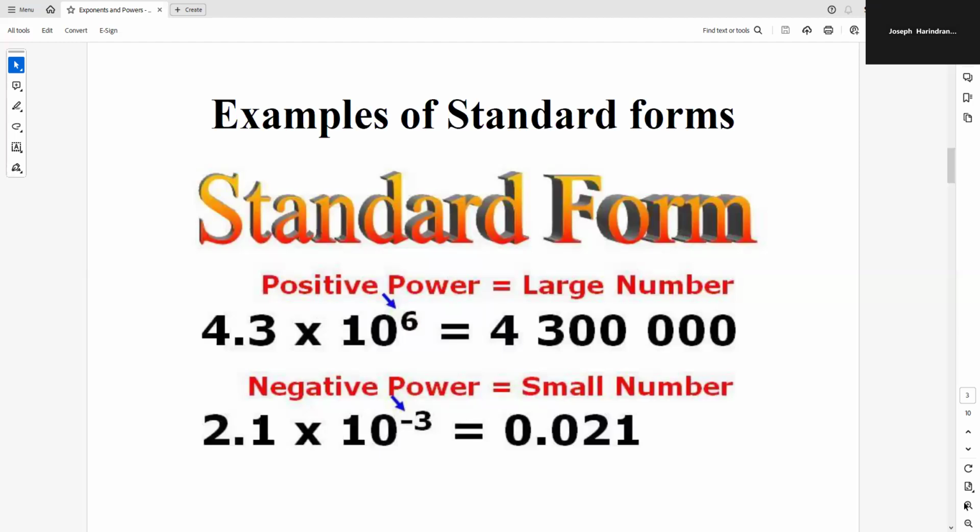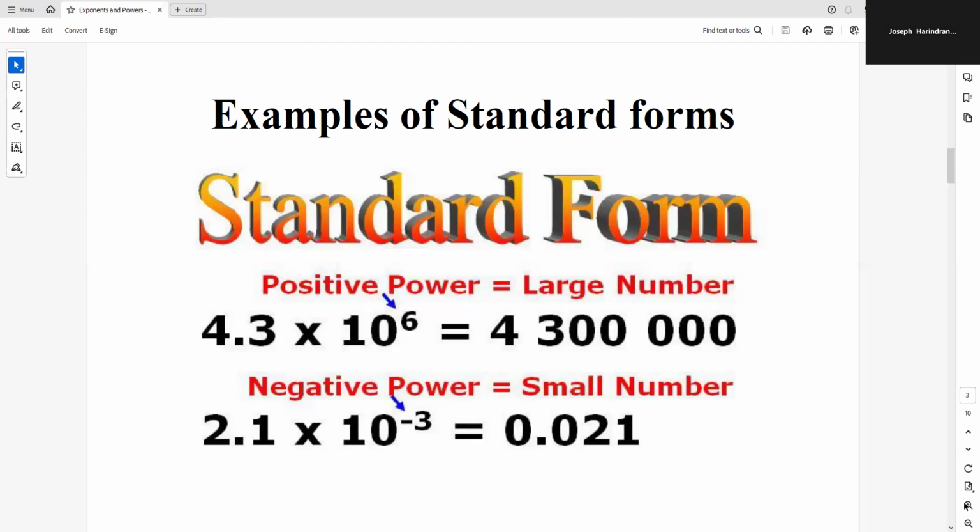Here you see 4.3 into 10 power 6, where 4.3 is represented by a, multiplied by 10, which is the base, and 6 is the power, which is a positive power. So if 10 is raised to a positive power, it is a very large number.